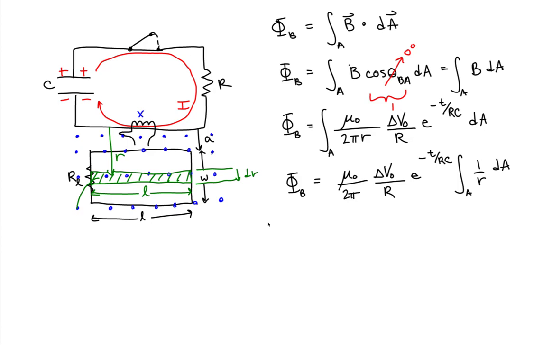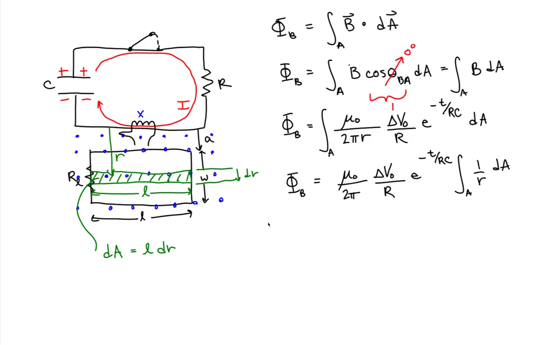Now, why that's important to know is because the area of a rectangle is equal to the length of that rectangle times the width of that rectangle. That means the area element of this representative rectangle is equal to the length of that rectangle, which is L, times the width of that rectangle, which is a tiny change in distance from the current carrying wire.